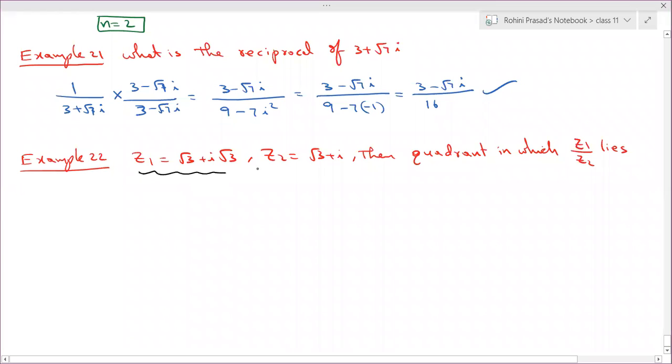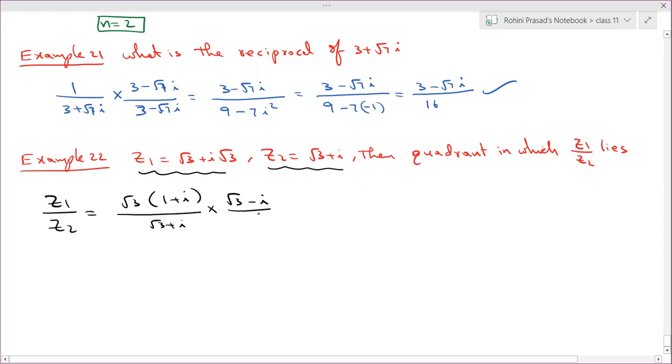So Z1 is in the first quadrant and Z2 is in the first quadrant. They're asking us to find in which quadrant Z1 by Z2 lies. So you just need to do the simplification. Z1 by Z2 equal to root 3 if we take common, (1 plus i), and the denominator is root 3 plus i. If you rationalize, multiply by the conjugate of the denominator, root 3 minus i by root 3 minus i. So the numerator is root 3 into 1, into root 3, is root 3 minus i plus root 3i minus i square.